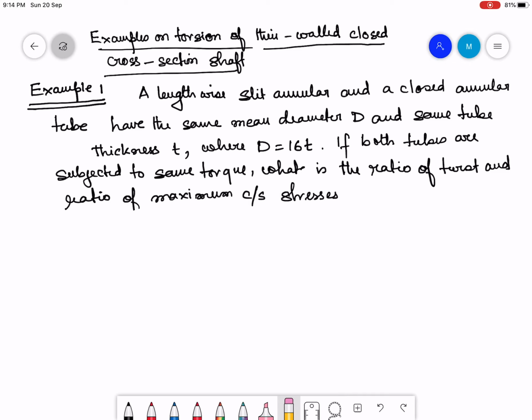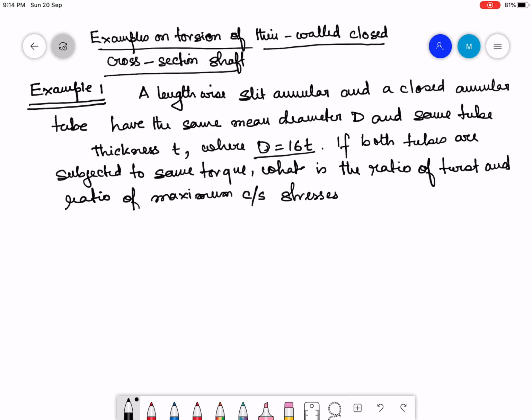Now the problem states that both the tubes have a mean diameter of d and a uniform thickness t, and d is equal to 16t, right? And both the tubes are subjected to the same torque.